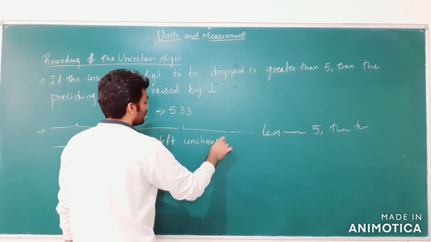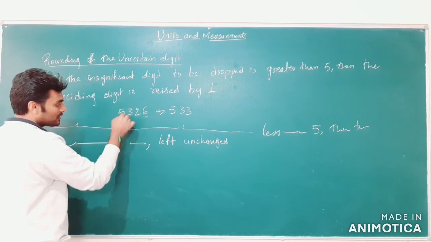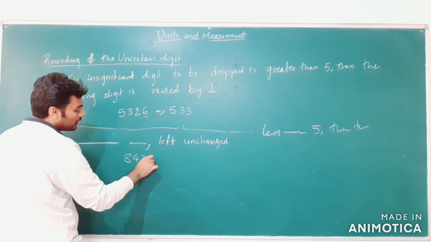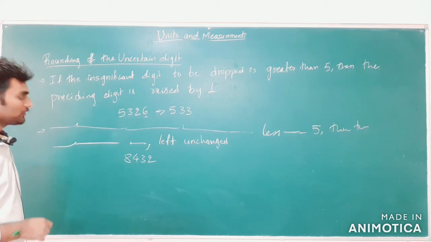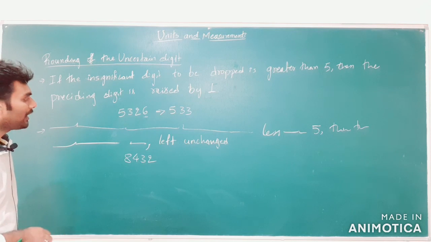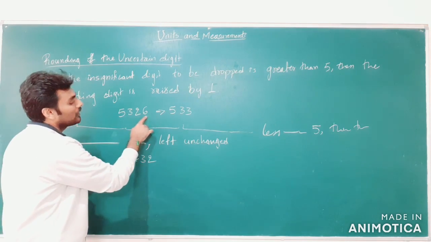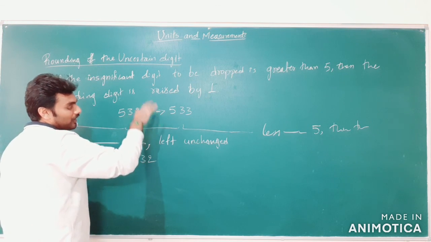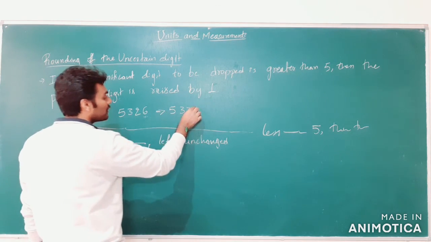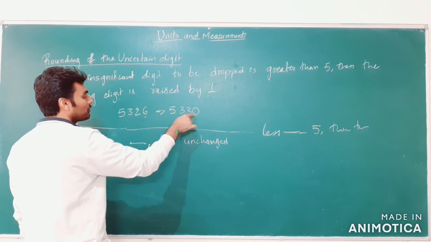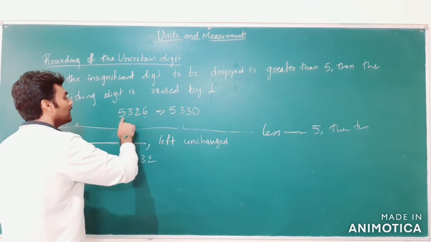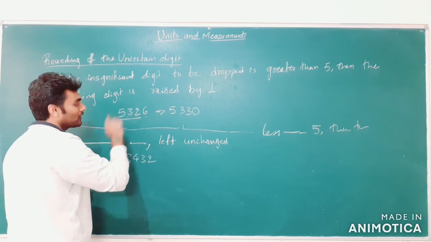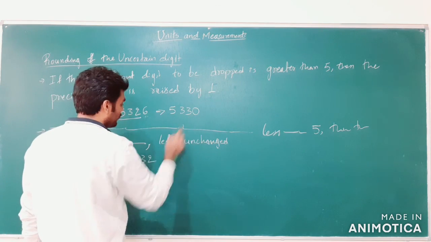Sorry, here I have rounded it off to 3 significant figures, but I have reduced the number. I should not reduce the number, I should keep the 0. After keeping the 0, 5326 rounded off to 3 significant figures becomes 5330, right?